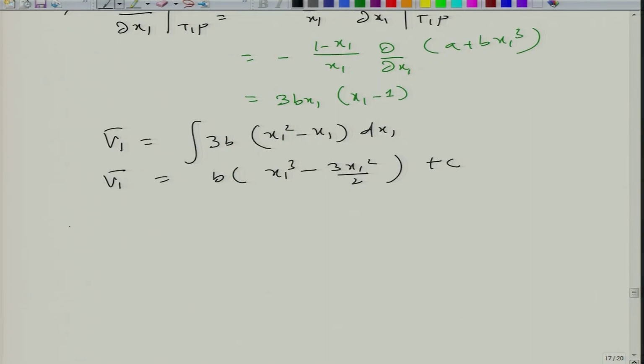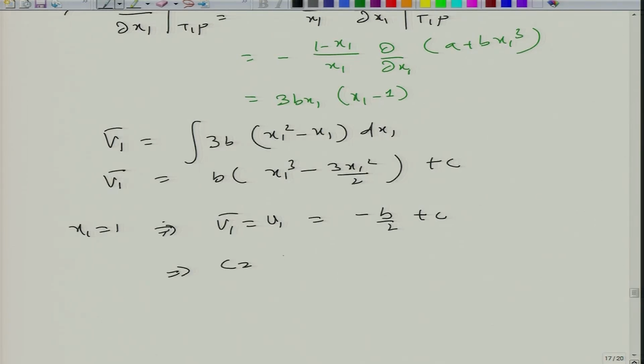Now, if we put x1 is equal to 1, this would mean v1 bar should be equal to small v1, and if you put x1 here, this is nothing but minus b by 2 plus c, because if you put x1 here, this will become minus b by 2 plus c.